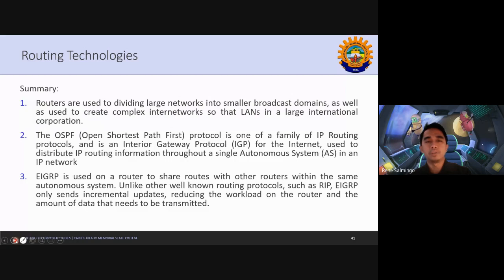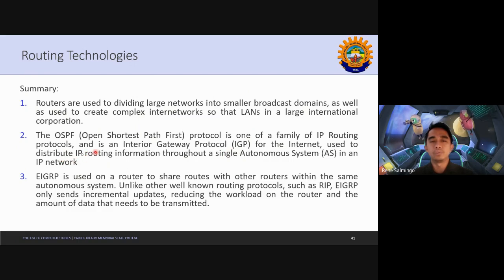So, in summary, in our lesson 6, routers are used to divide large networks into smaller broadcast domains, as well as to create complex internetworks, such as the local area network in a large international corporation. The OSPF protocol is one of the family of IP routing protocols and is an interior gateway protocol for the internet.